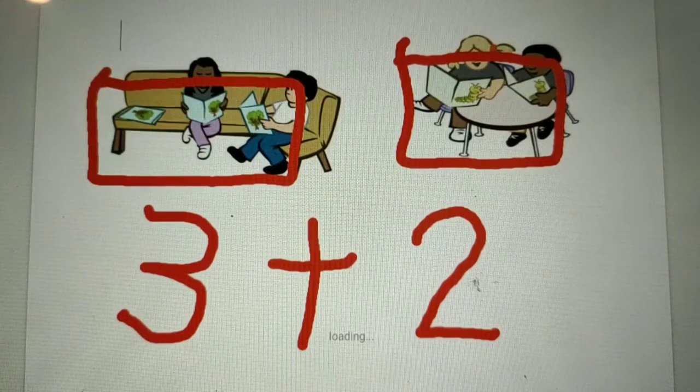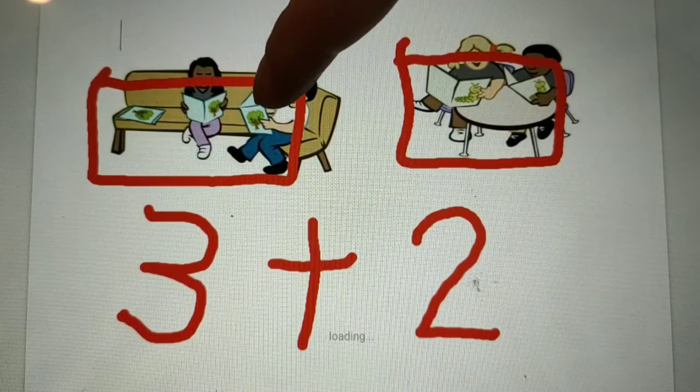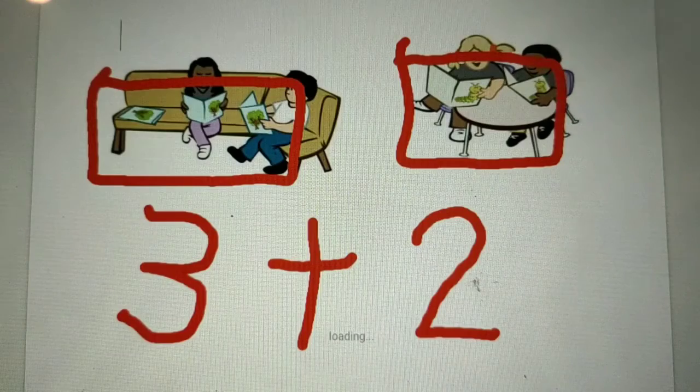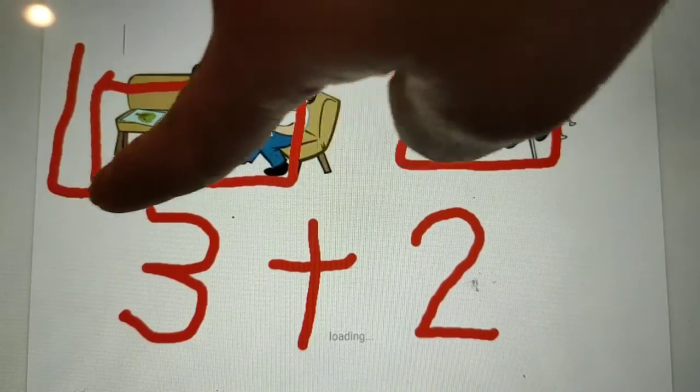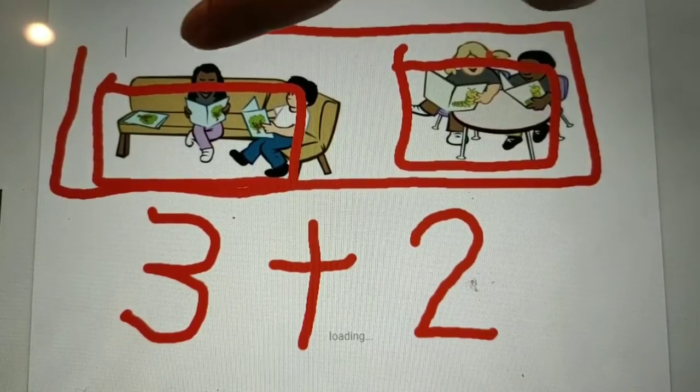Did you count all the books? Very nice. Well, let's see if we're right. Let's count all the books in this picture. Count with me, friends. 1, 2, 3, 4, 5. You're right. 3 plus 2 equals 5.